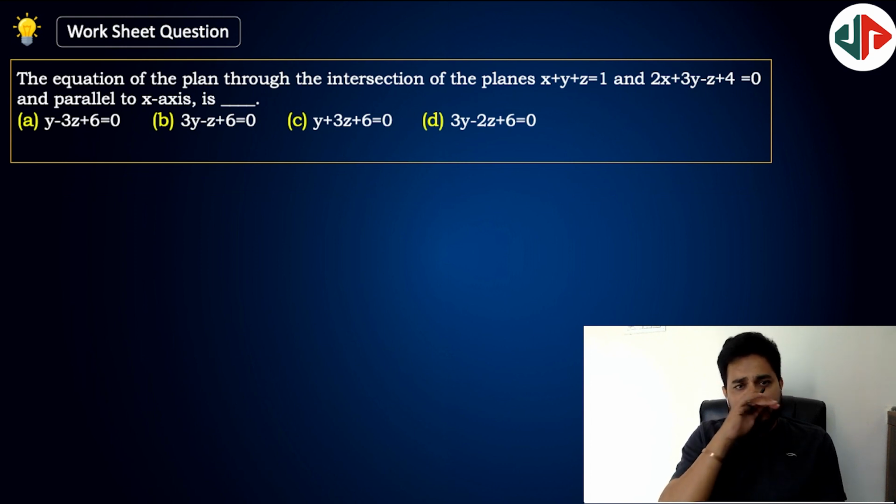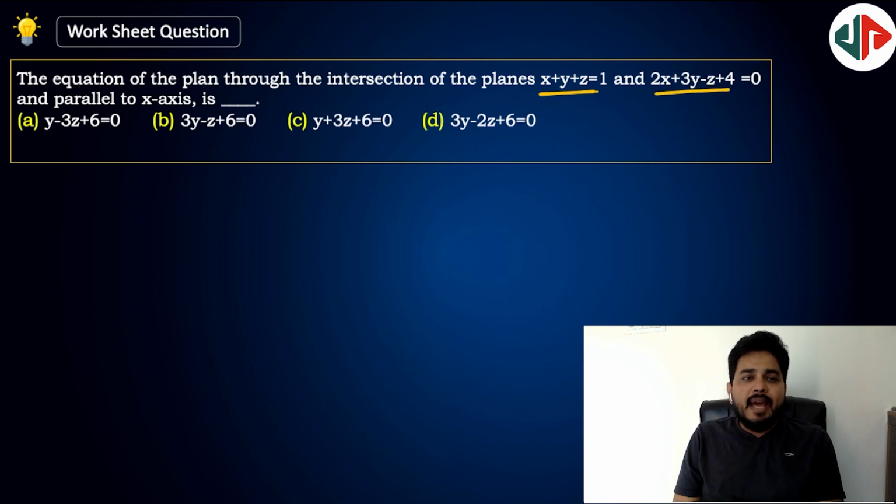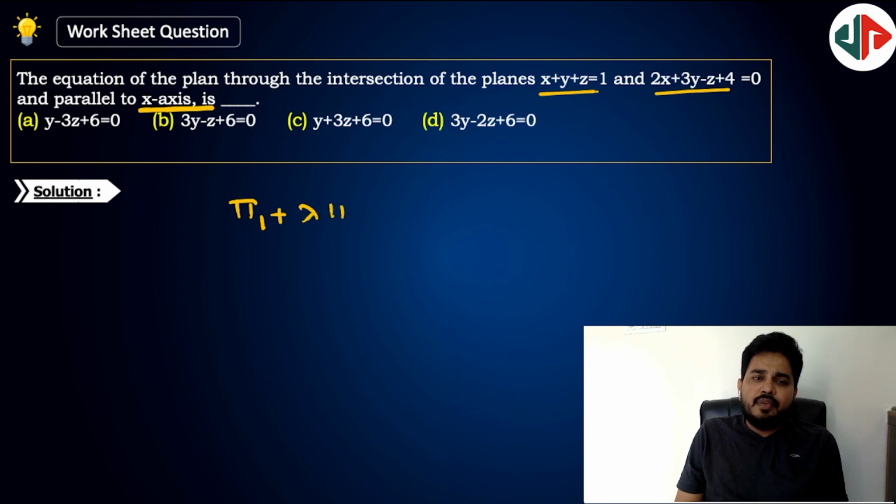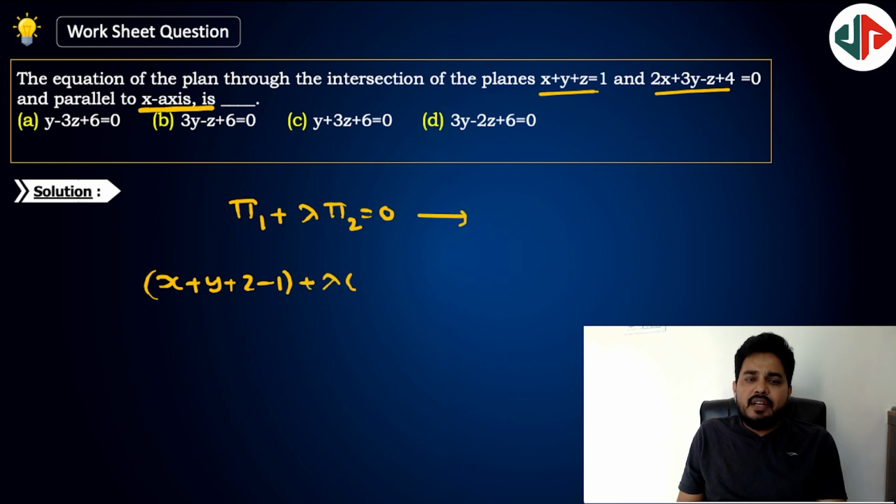The equation of the plane through the intersection of this plane and this plane, parallel to the x-axis. So this is pi 1 plus lambda pi 2 is equal to 0, and the plane is parallel to the x-axis. So that means the x coefficient should be equal to 0. So you can write it as x plus y plus z minus 1 plus lambda times of 2x plus 3y minus z plus 4 is equal to 0.